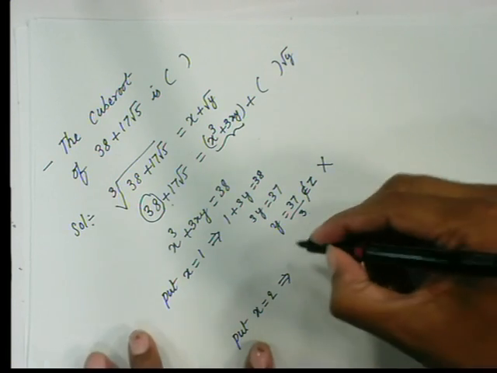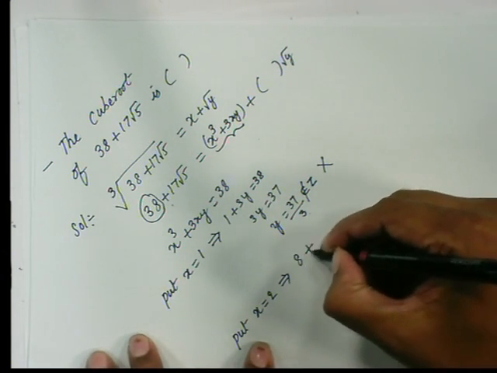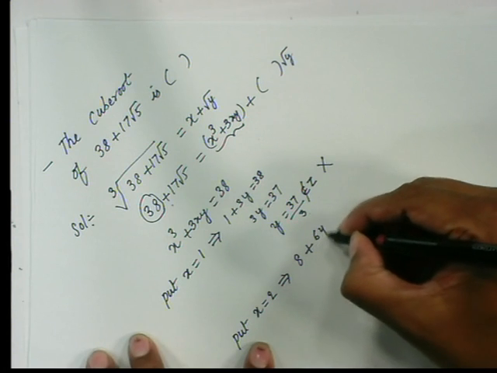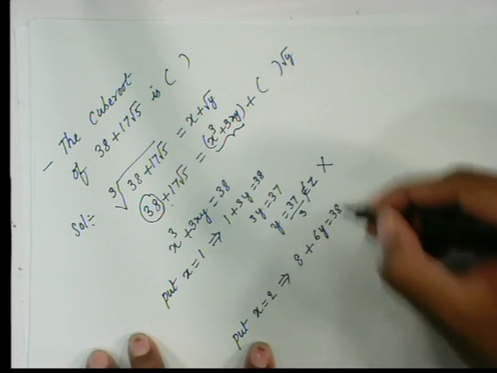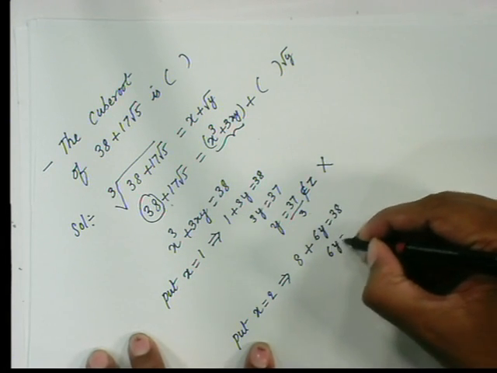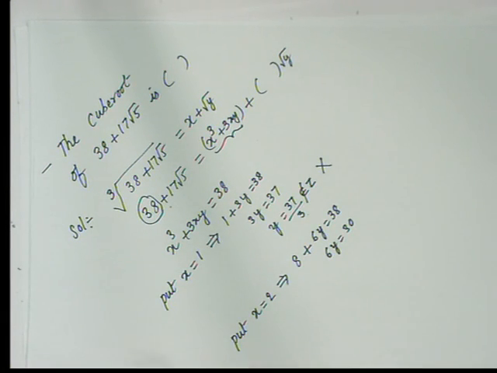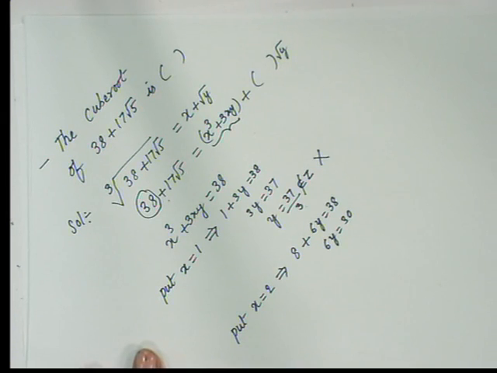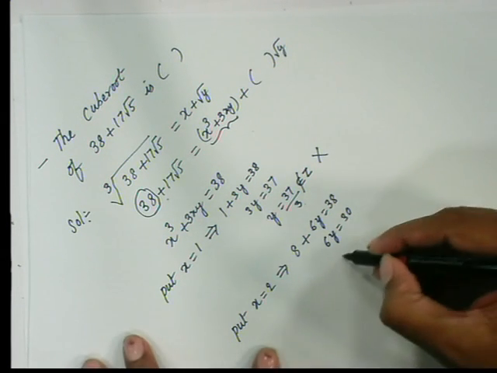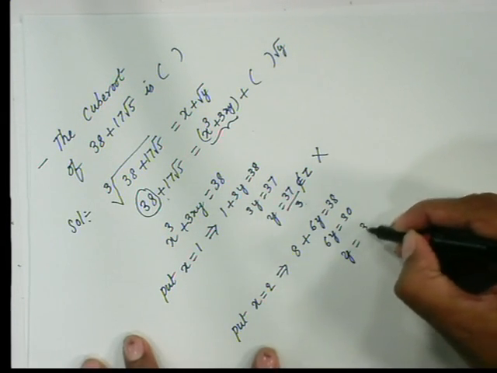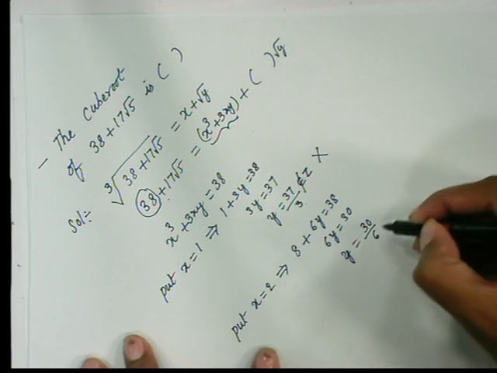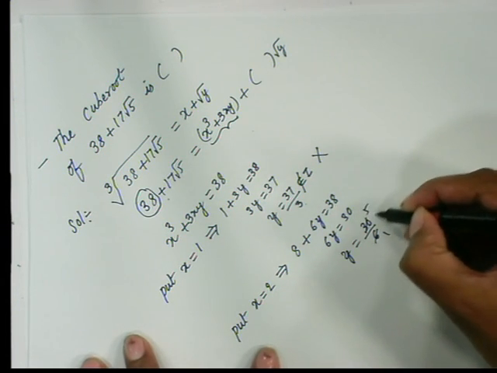Okay? 8 plus 3 into 2, 6y is equal to 38. 6y is equal to 38 minus 8, 30. 30 is one of the multiples of 6. y equals 30 by 6, which is 5.